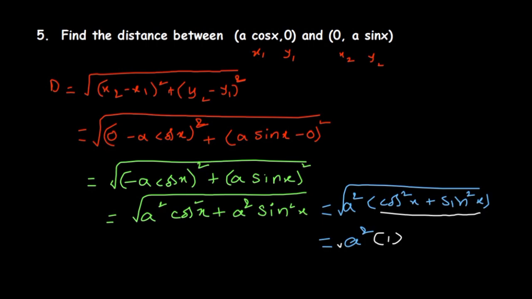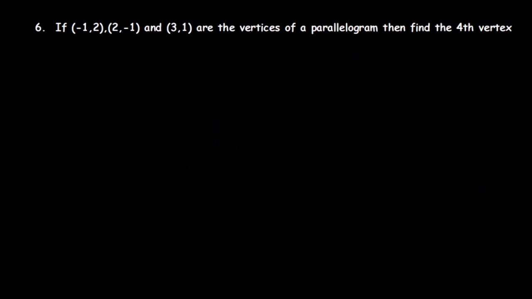So a square into 1, that means this is root of a square. So root of a square is equal to a. Okay, so the distance between the points a cos x comma 0 and 0 a sin x, the answer you got here is a.